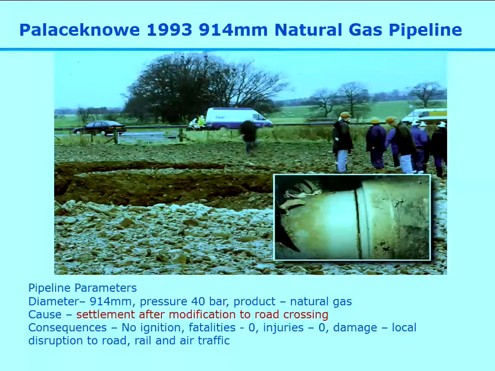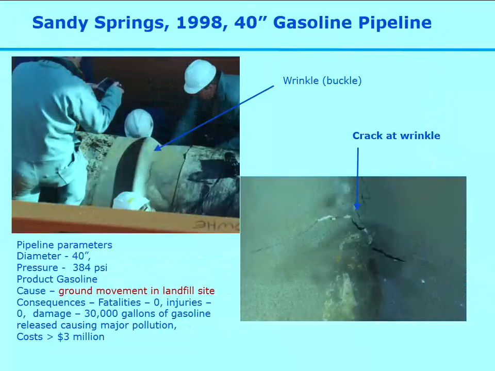And this example is an example of where local construction close to an existing pipeline occurred on essentially sloped land, and it just wasn't controlled properly. The construction work caused a landslip, and the landslip failed the operating pipeline, which was in the vicinity. It did cause quite a lot of damage at the time.